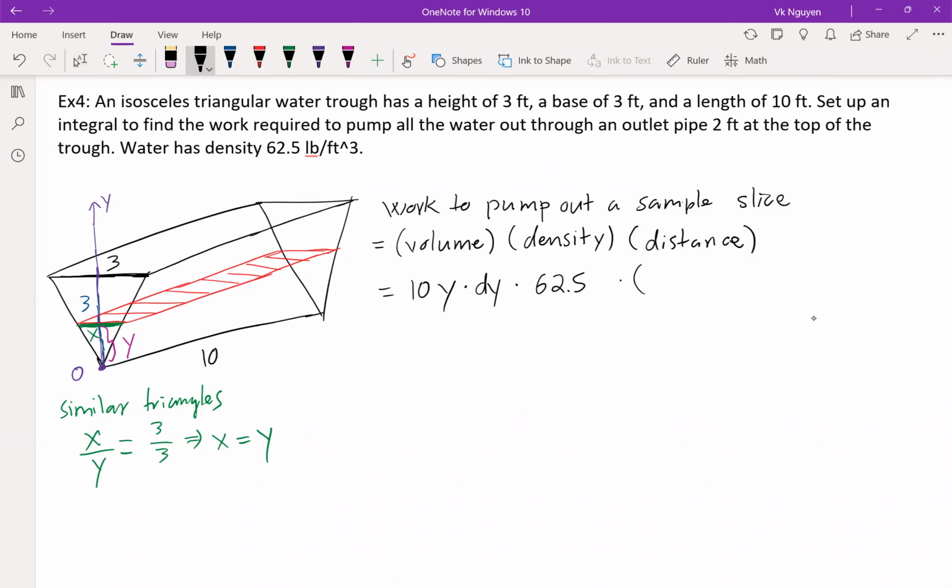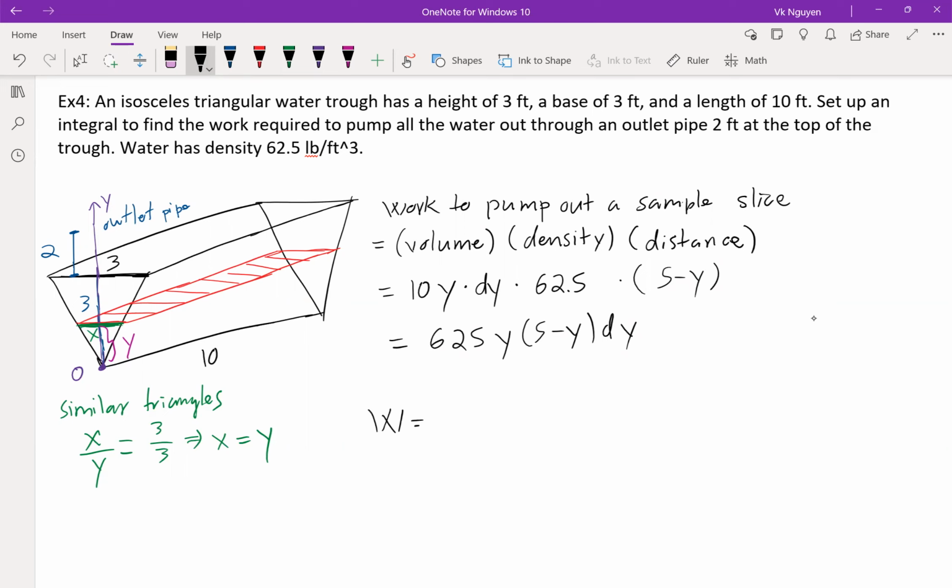And the distance here is from the slice all the way up to the outlet pipe, which is 5 minus y. Simplify this and we have 625 y times 5 minus y dy. Yay, that is the work to pump our sample slice.